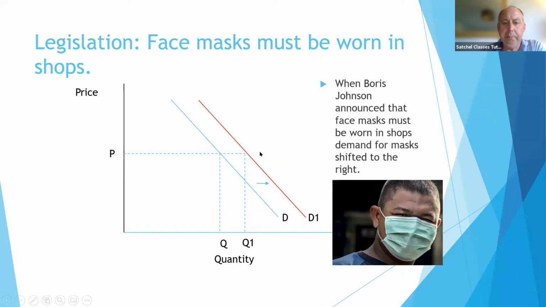Price remained the same, but demand for masks shifted strongly to the right as it was made law that you had to wear them in shops and confined spaces like schools. So you can see that shift from Q to Q1 was caused by the demand curve shifting to the right, D to D1.